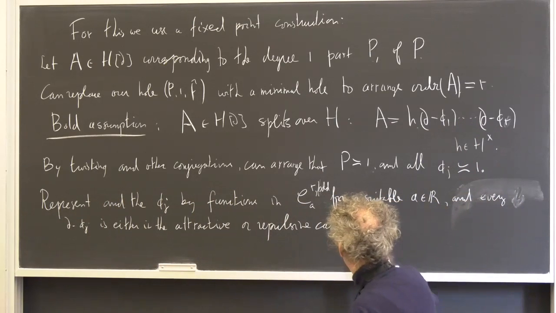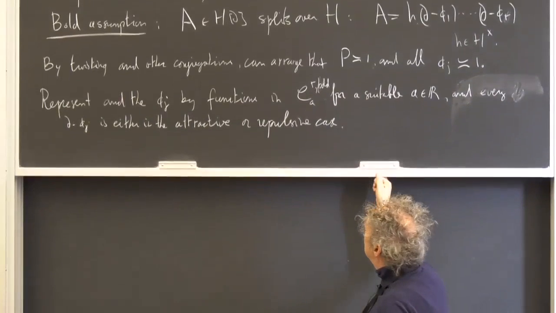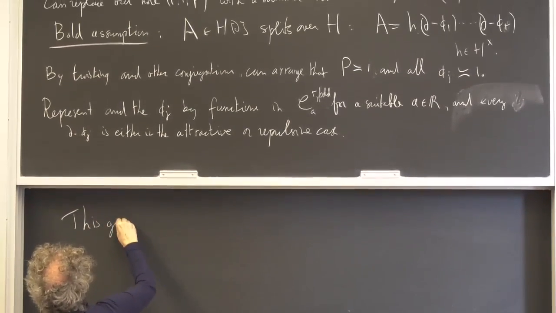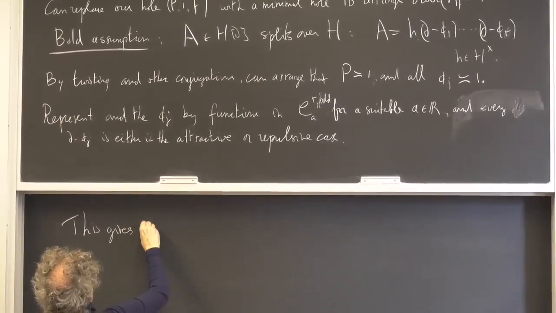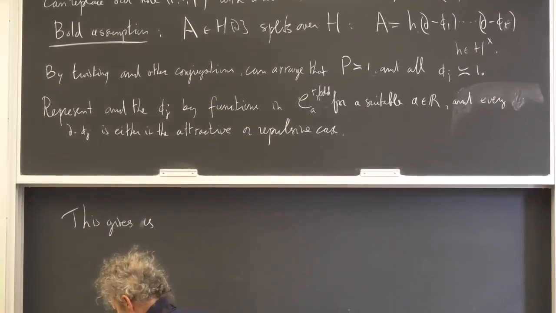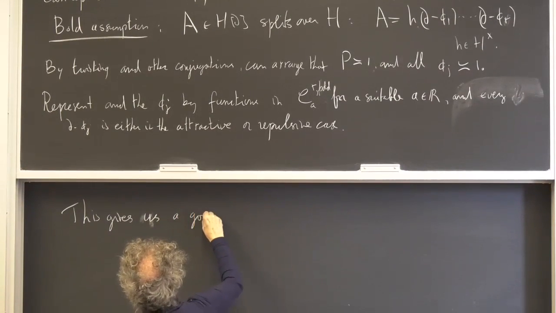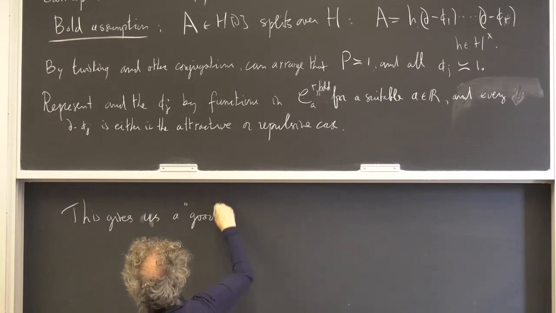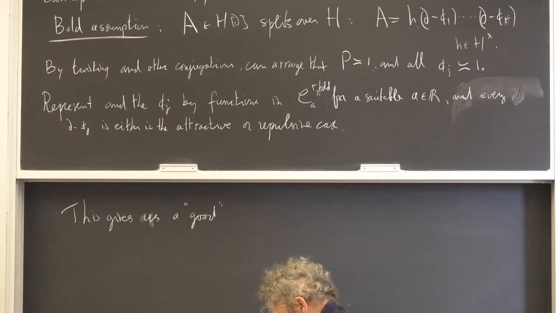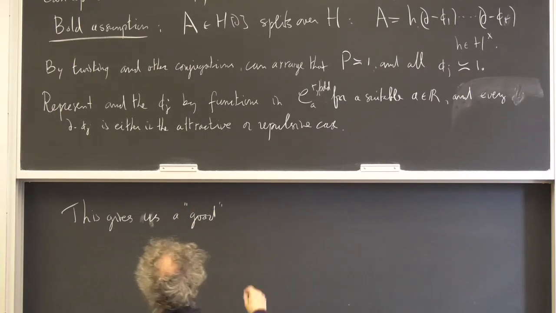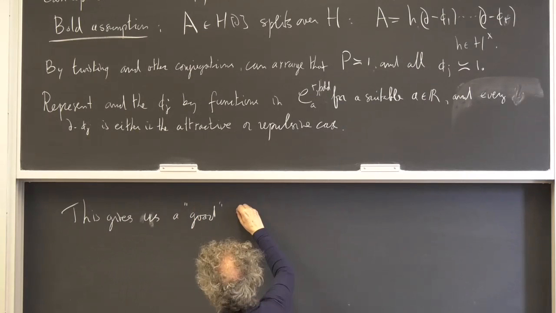So this gives us a good, well, means at least continuous, but there are actually some other things that one would like to have, but I'm not going to get into.